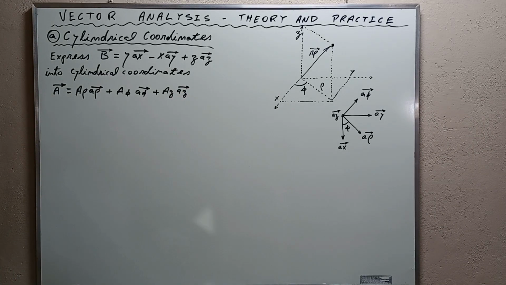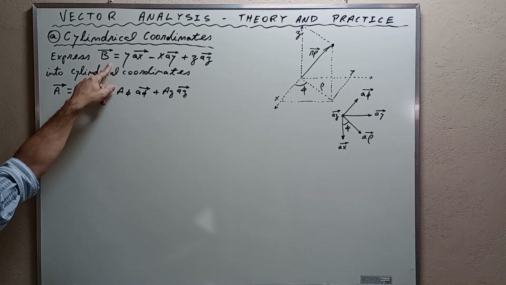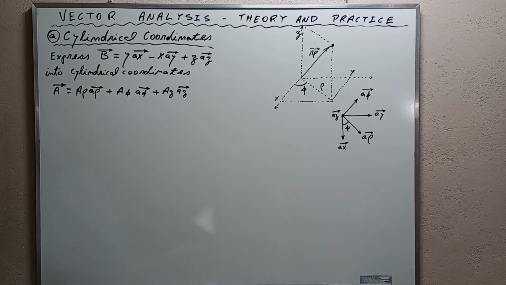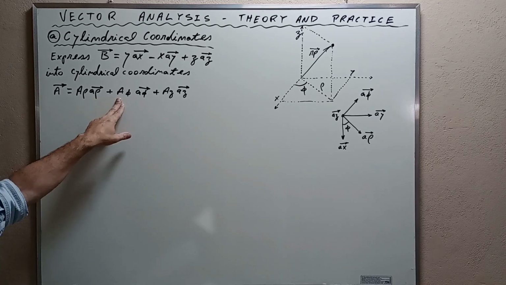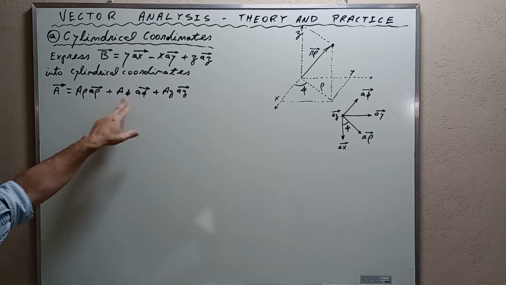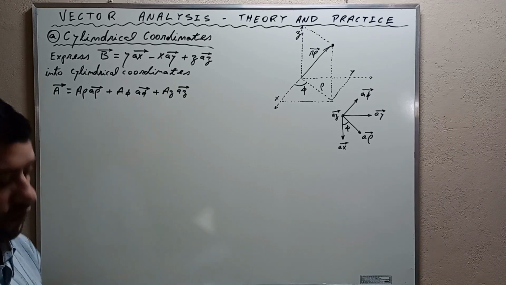Therefore, the new vector b expressed in cylindrical coordinates will have b rho in the rho direction plus b phi in the phi direction plus bz in the z direction.